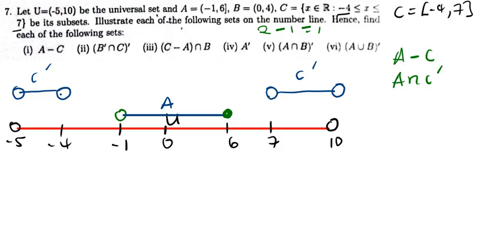We want a part where C complement and A intersect. We want a part where C complement and A meet. Do we have any part where these two meet? So what will be our conclusion?